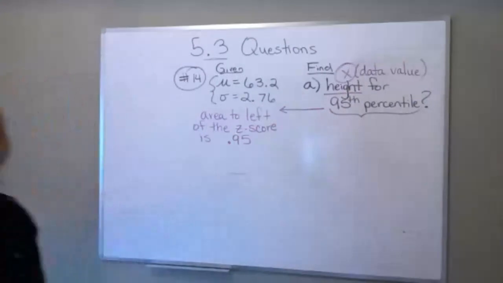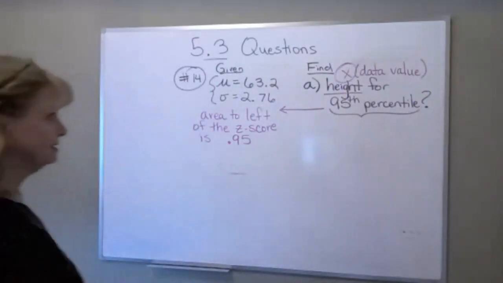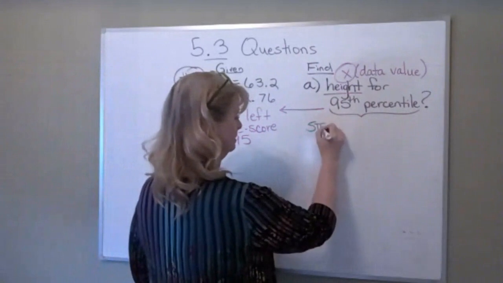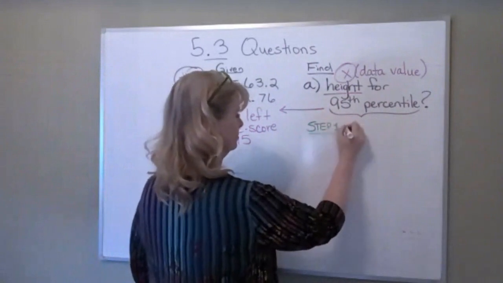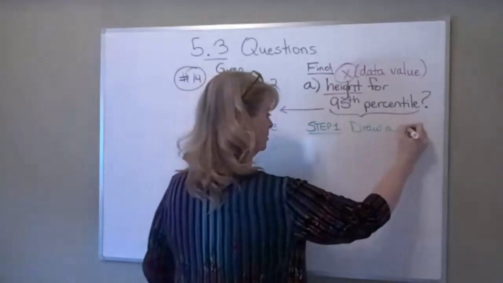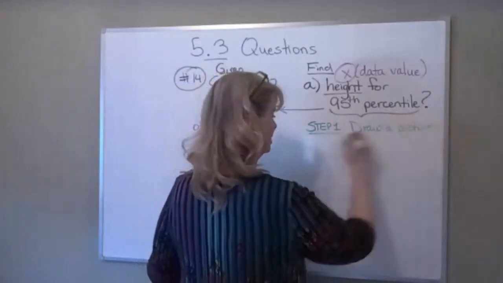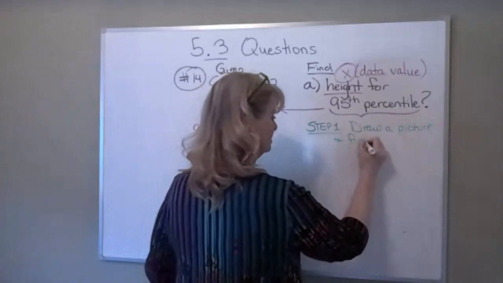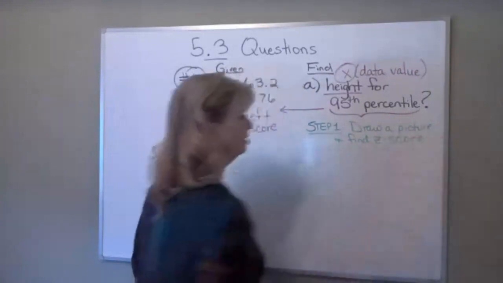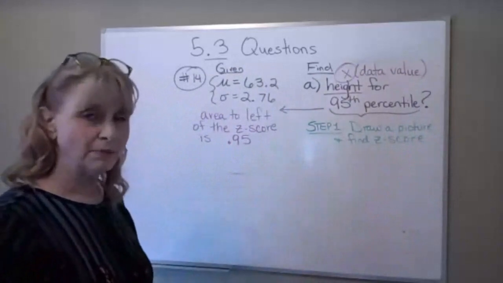So what we're going to do first is let's say step 1, draw a picture and find the z-score. And that's going to be using the table backwards.